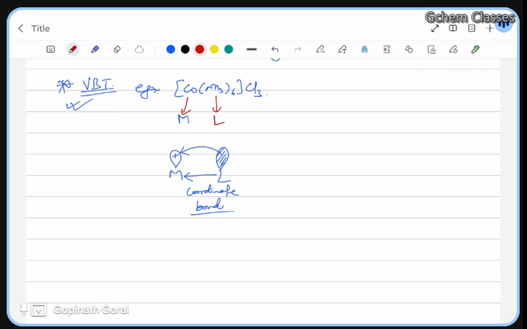See here, the metal is the acceptor, so it will act as a Lewis acid, right? Here the ligand is the donor, so it will be the Lewis base. Each and every small thing you should keep in your mind, because we don't know what type of question may arise.